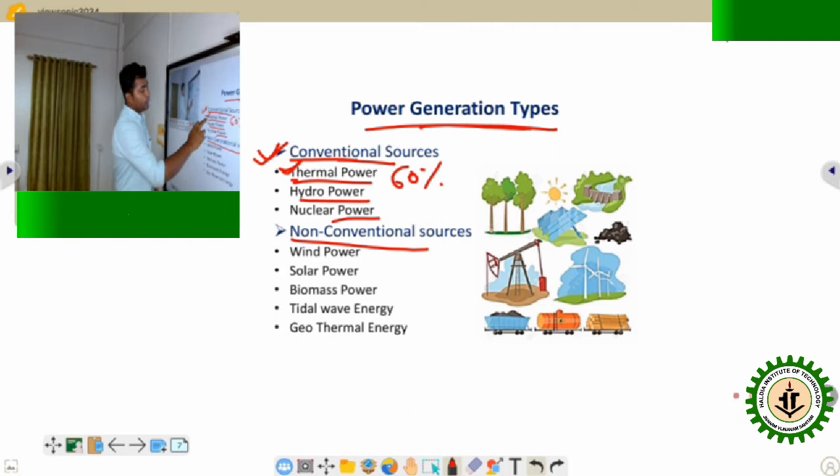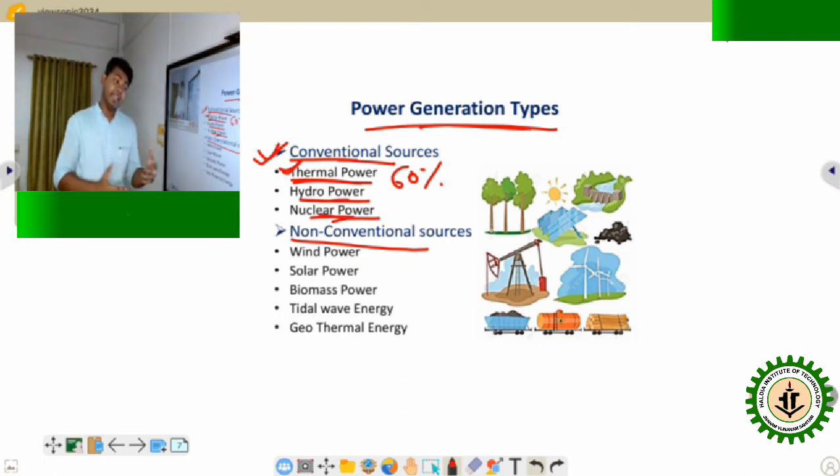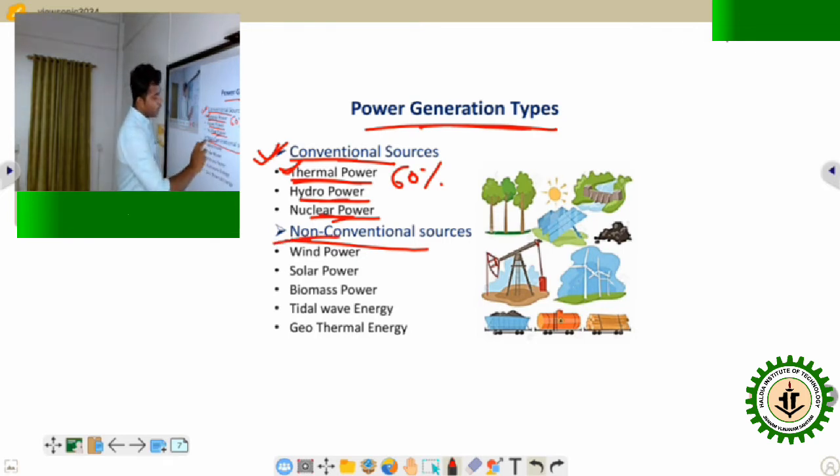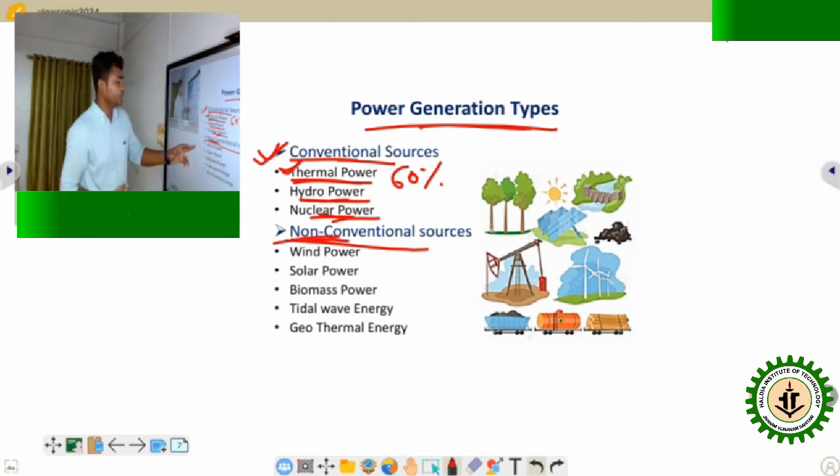In a hydroelectric power plant, the water flow is used to rotate the turbine blade. In a nuclear power plant, again heat is used. In the nuclear reactor, uranium is used to generate heat, and this heat produces steam, and this steam strikes the turbine blade and the turbine rotates. And in case of non-conventional sources of energy, there are wind, solar, biomass, etc.